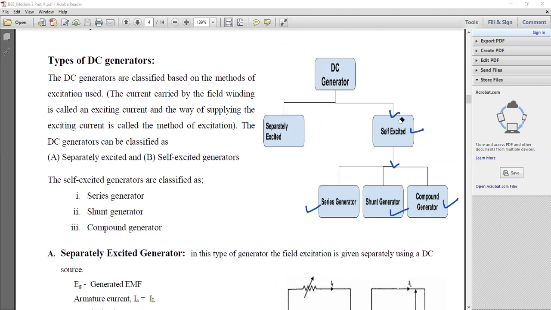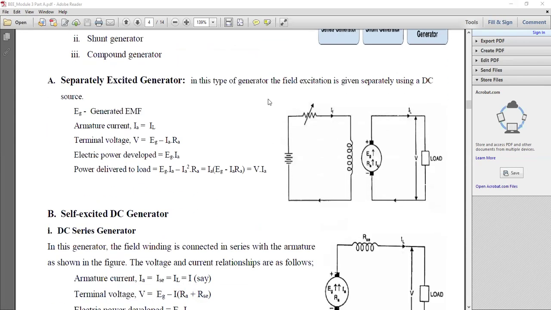So kindly be aware of the self-excited DC generator. As you can observe, this is the basic diagram of a DC generator. Let me show you how it operates. The two main components of DC generators are number one, armature, and number two, field winding.